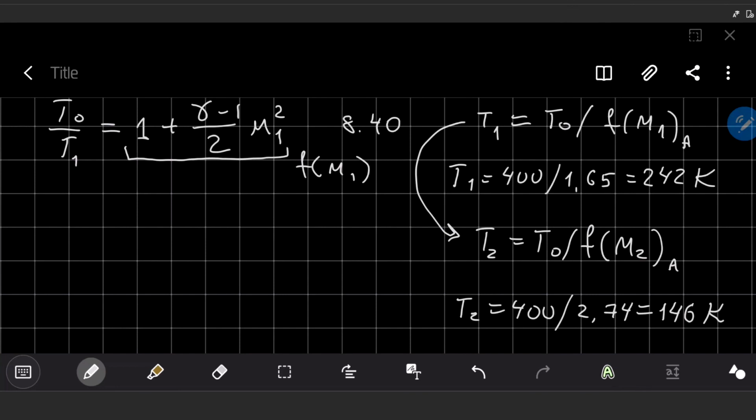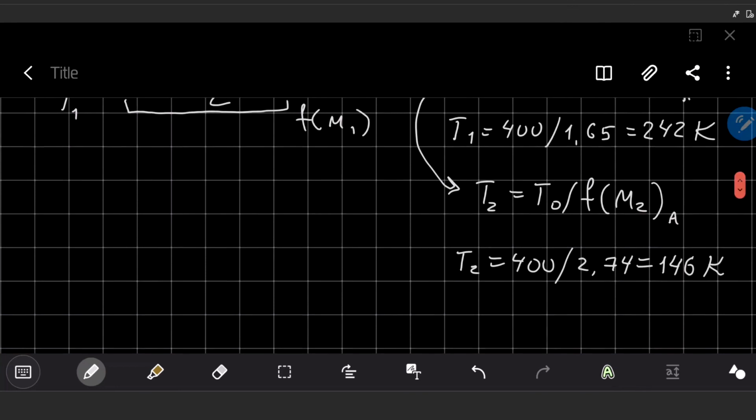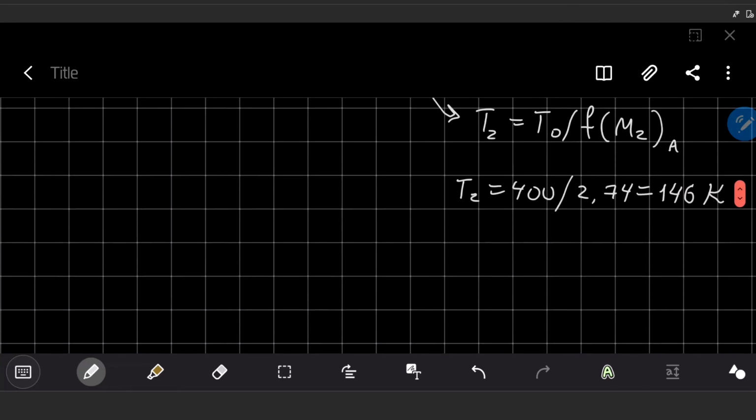I will go to Appendix B. The formula is quite long, so I will write from a new line. It is the temperature ratio. Before is T2, and after the shock wave is T3. And it's the same as the ratio of the enthalpies, H3 divided by H2, because if you remember, the enthalpy is Cp multiplied by T, and Cp for us is a constant.